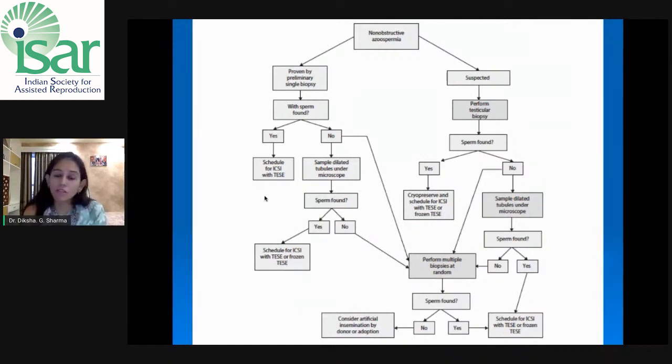If the sperms are found, then again use them for ICSI. If the sperms are not found, we can also resort to multiple biopsy. And if all the methods are unsuccessful, then the couple can be counseled to go for either artificial insemination by donor or for adoption.